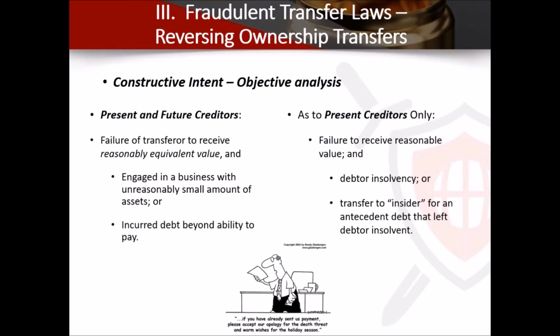And so a present or a future creditor can prove constructive fraudulent transfer if the debtor can no longer pay his or her bills, right? That's insolvency. So if you're a future creditor, you actually have to prove that the debtor can no longer pay their bills to prove constructive fraudulent transfer.